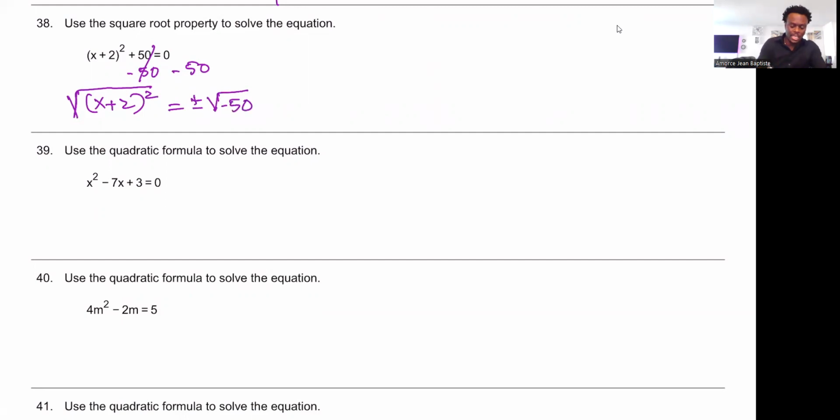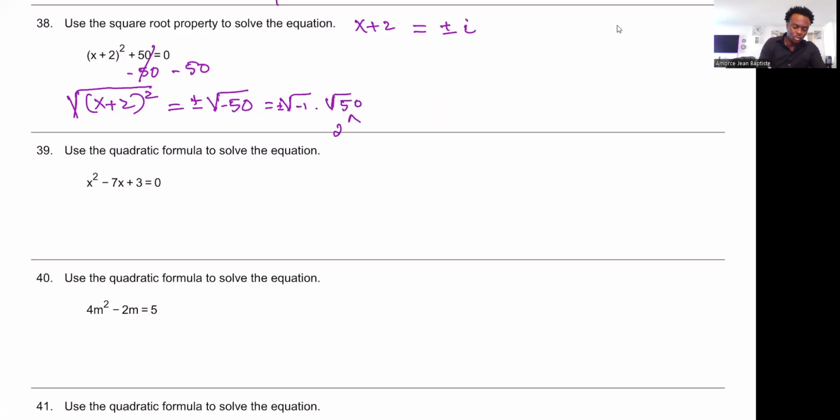And then the new equation becomes x plus 2 equals plus or minus. Since we have the negative sign inside of the radical, there will be an i on the outside: plus or minus the square root of negative 1 times the square root of 50.